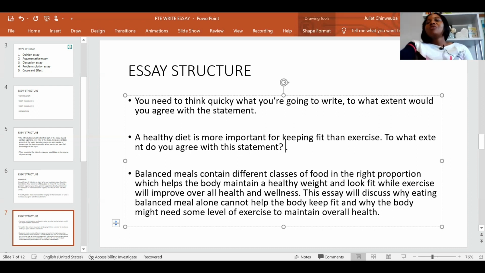So for you, you might decide to just talk about what a balanced meal is generally, and just go ahead to say this essay will explain, you give your opinion, why balanced meals can keep you fit if you like, or you can say something like why balanced meals cannot keep you fit, that you might need to also add exercise. I mean, these things are not cast in stone.